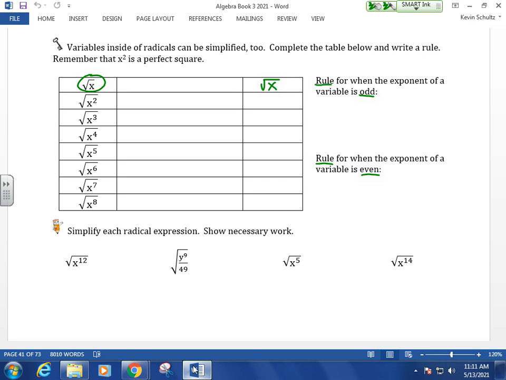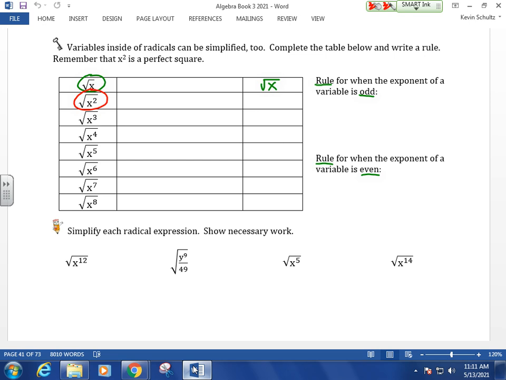However, when we take the root of x squared, things start happening. Because what do we know about the operation of taking the root and the operation of squaring? They cancel each other out. In this case, x can still be anything, right?